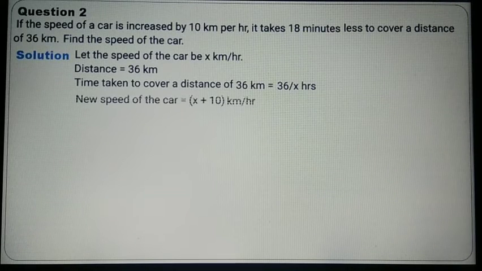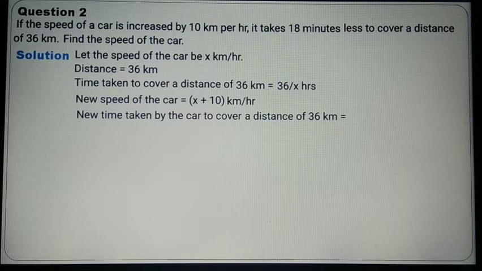Now the new speed of the car after being increased is x plus 10, and again the distance to cover is 36 kilometer. So the new time taken by the car will be distance by speed, which is 36 by x plus 10 hours.